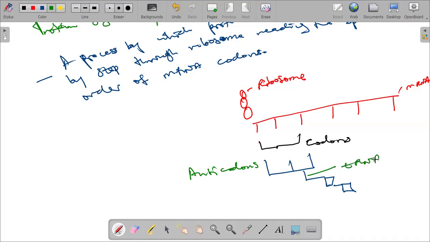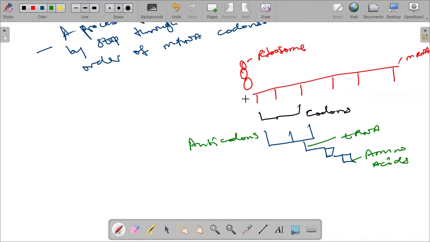The anticodons are found on tRNA. And don't forget to say we have the amino acids, which are brought by the tRNA. So these codons are from the mRNA, and the anticodons are from the tRNA. Please take note of that. This mRNA is going to pass through the ribosome. The ribosome is going to read the order of this CCA.